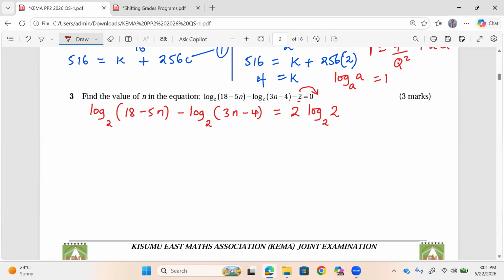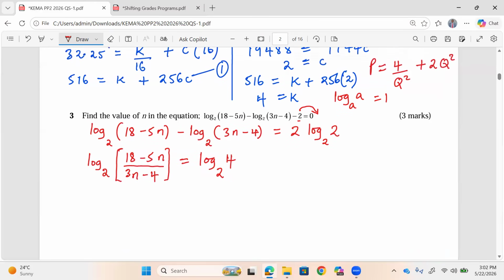Then at this point now, we can talk about the logarithm to base 2 of 18 minus 5n out of 3n minus 4. This is equal to the logarithm to base 2 of 4. I want to explain the laws that I have used at that particular step. Remember the second law that says the logarithm of a minus the log of b.